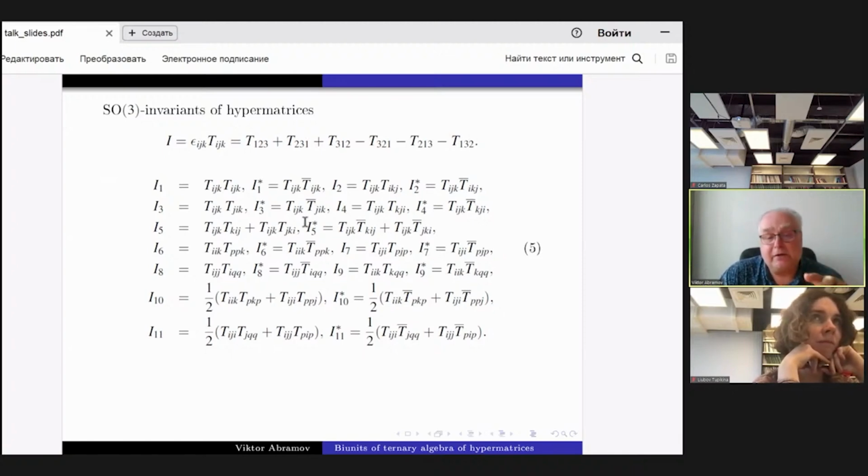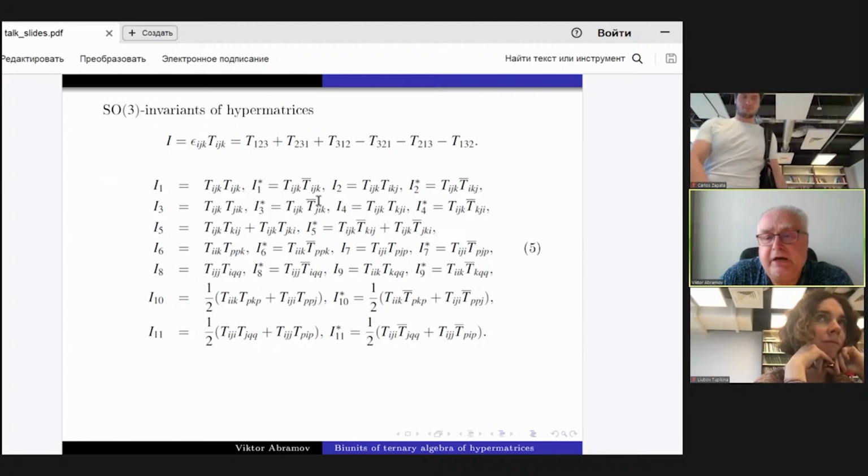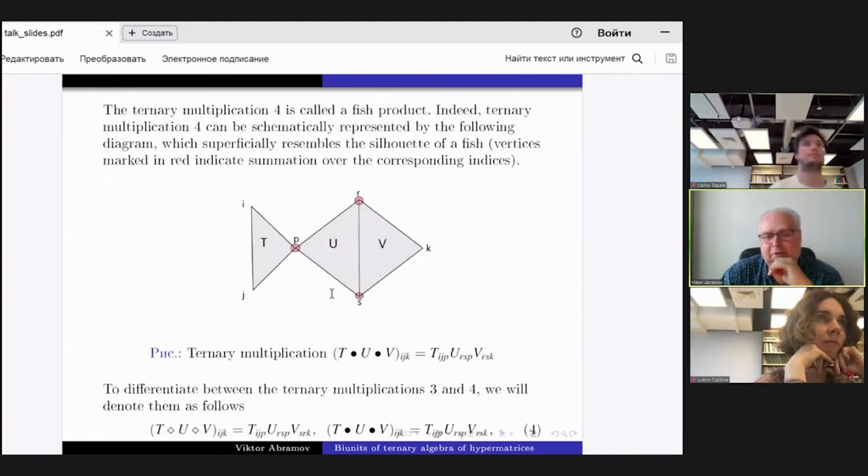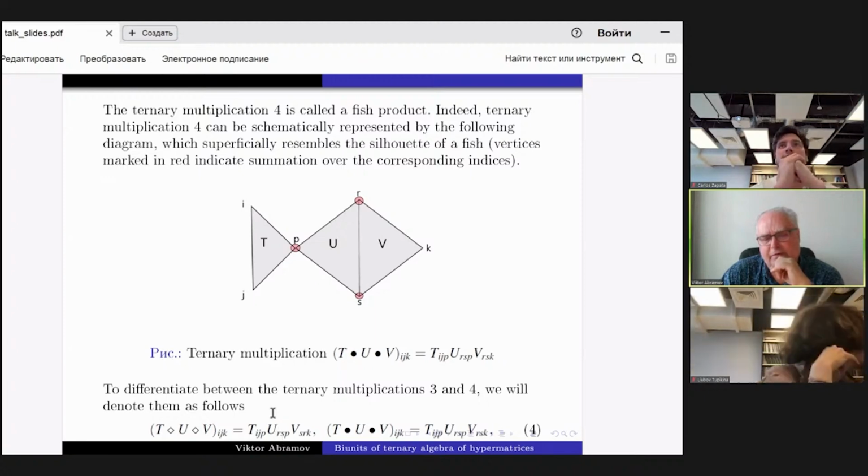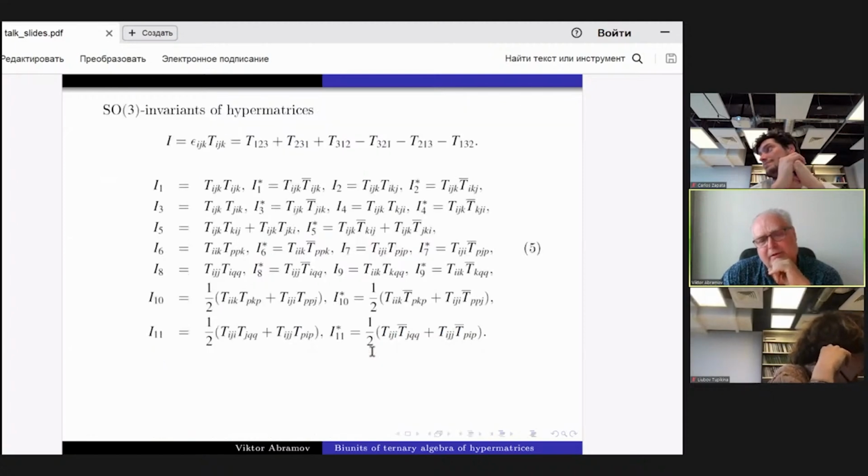And now, if I look at this invariance, then I see here, for example, this invariant. I take JK, and this is very similar to this product. So here I have this part of the ternary product.